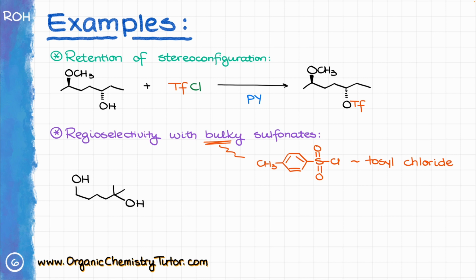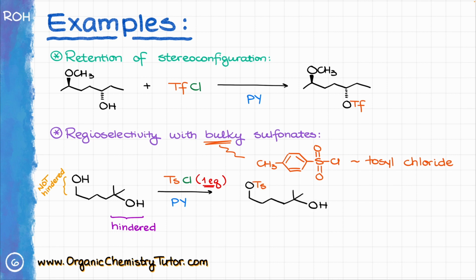So if you have an alcohol that looks like this, for instance, with a sterically hindered alcohol and another non-sterically hindered alcohol in this molecule, and I'm going to react that with just one equivalent of tosyl chloride, then in this case the tosyl will predominantly attack the less sterically hindered alcohol.